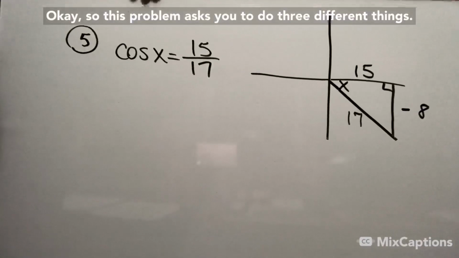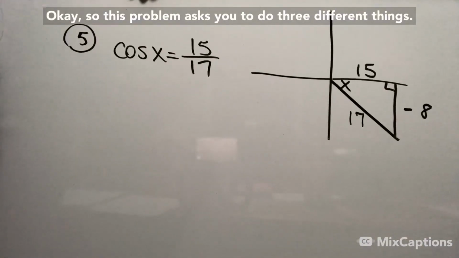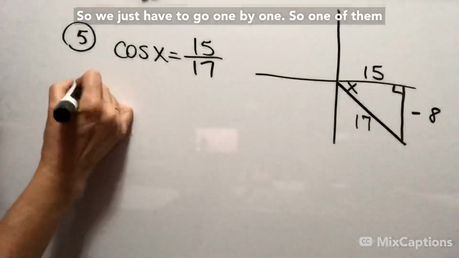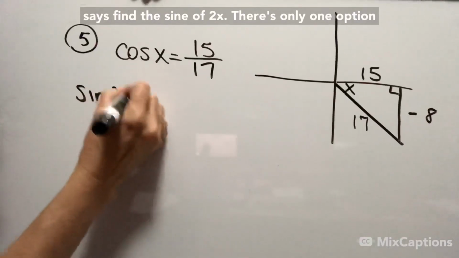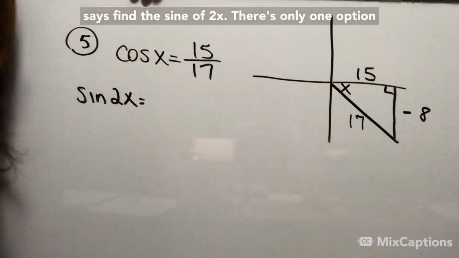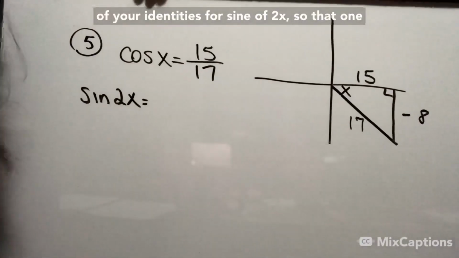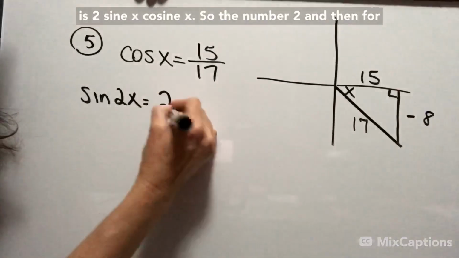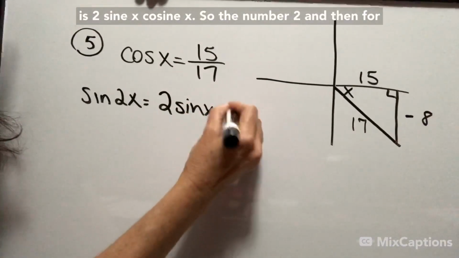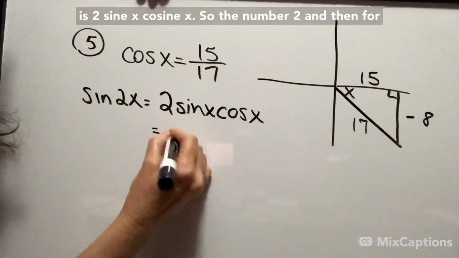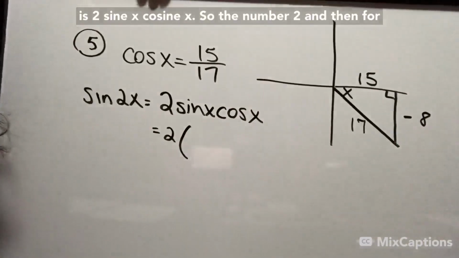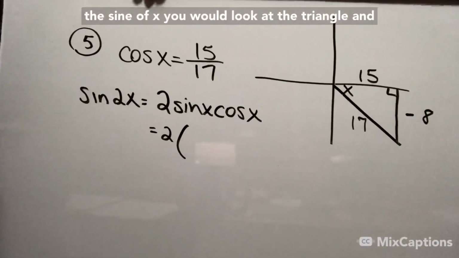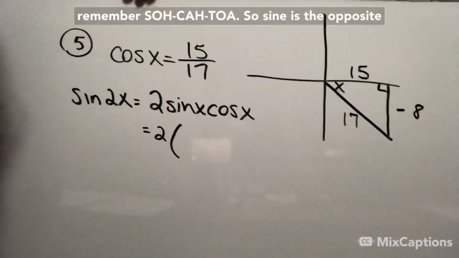Okay, so this problem asks you to do 3 different things, so we just have to go one by one. So one of them says find the sine of 2x. There's only one option of your identities for sine of 2x, so that one is 2 sine x cosine x. So the number 2. And then for the sine of x, you would look at the triangle and remember Sohcahtoa.